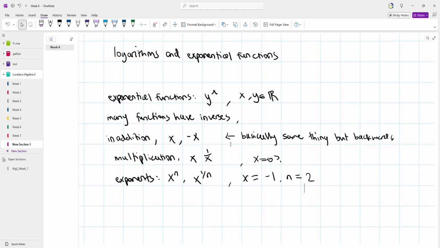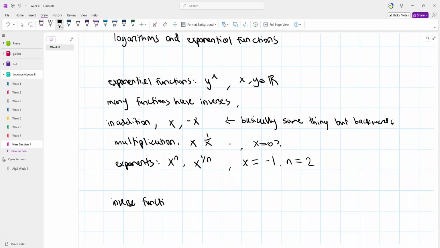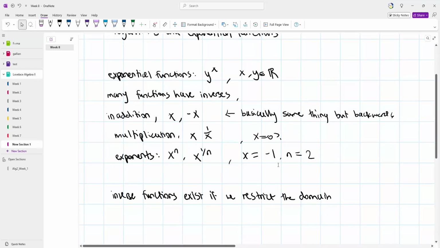And this tells us that inverse functions exist if we restrict the domain. So in multiplication, you would be restricting the domain to x is non-zero, and for exponents, we restrict it to n being an odd integer and x any number, or n an even integer and x any number.